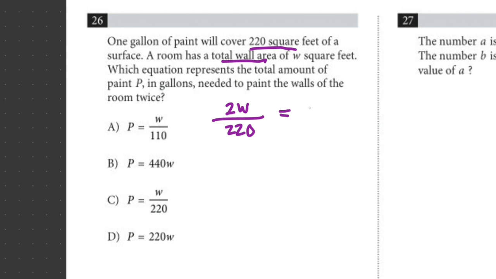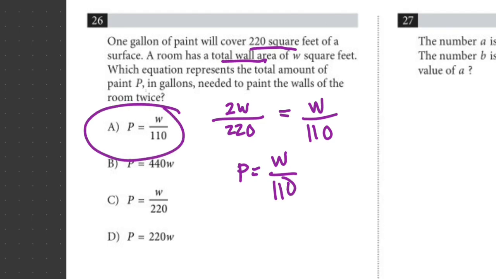And this is just W over 110. The question is, which equation represents the total amount of P in gallons? Okay, so P is equal to W over 110. So the answer here is letter A.